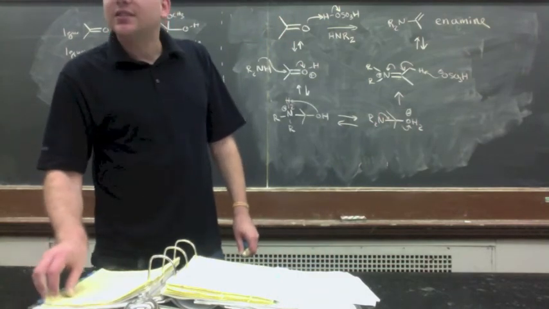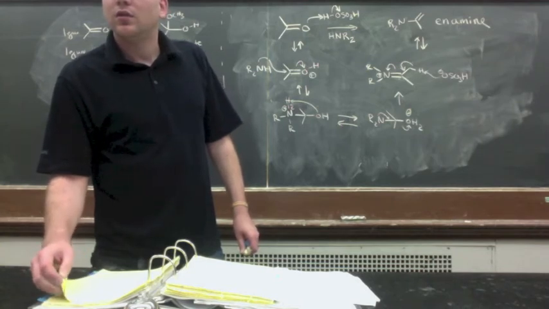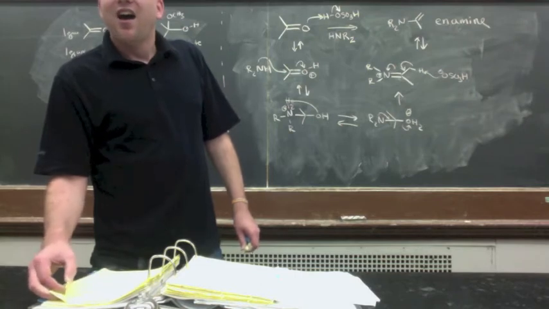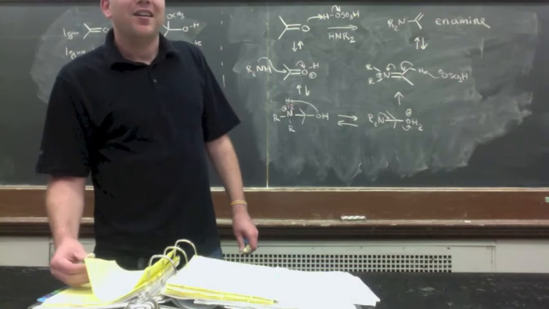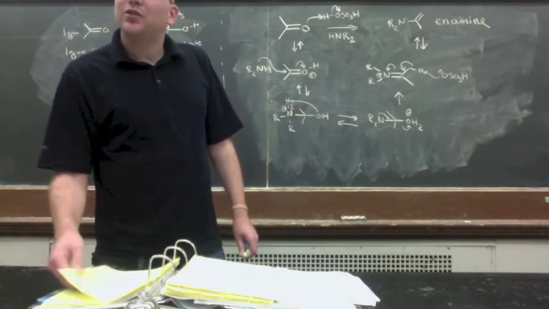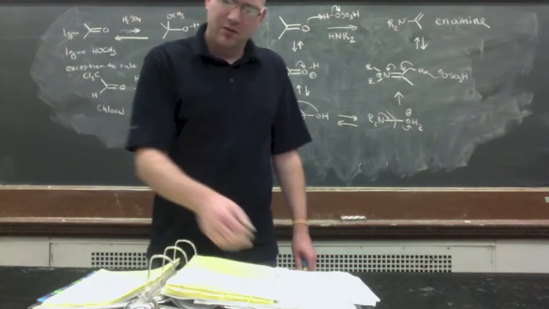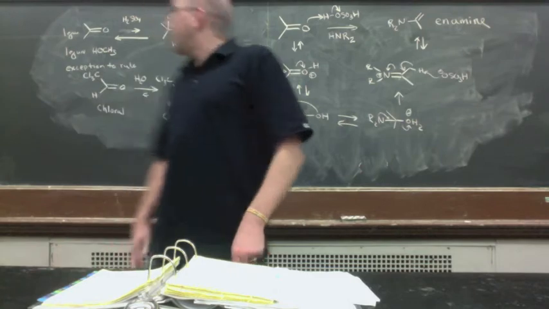Yes. When it comes to any of these problems, if you don't specify how many equivalents there are of each, are we free to use as many as we want?